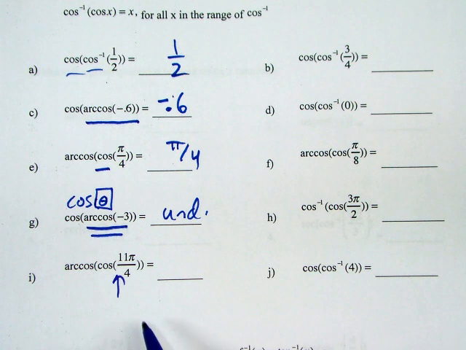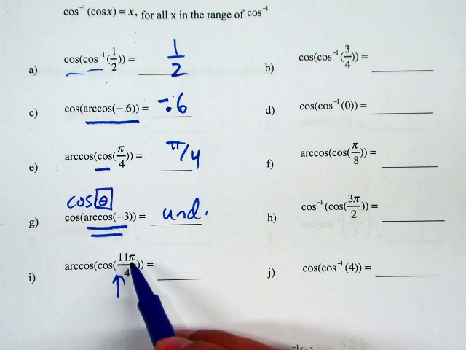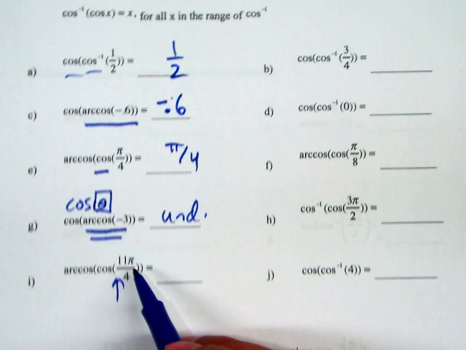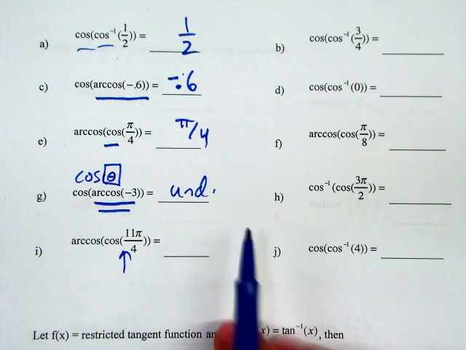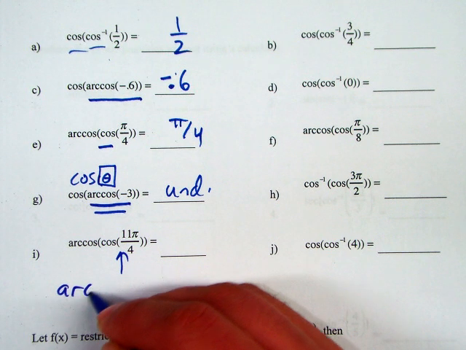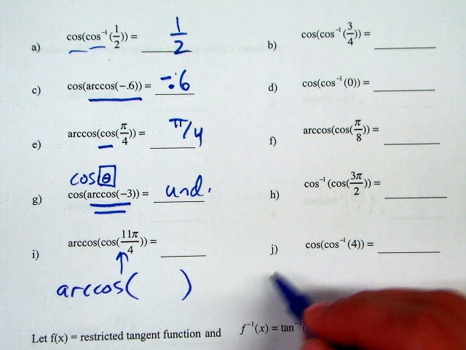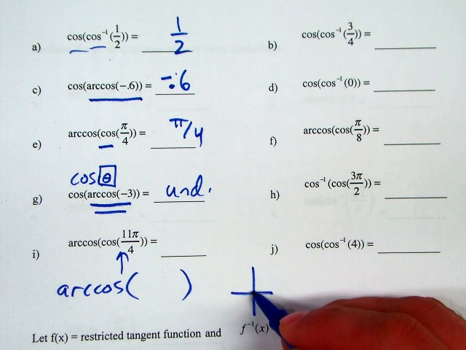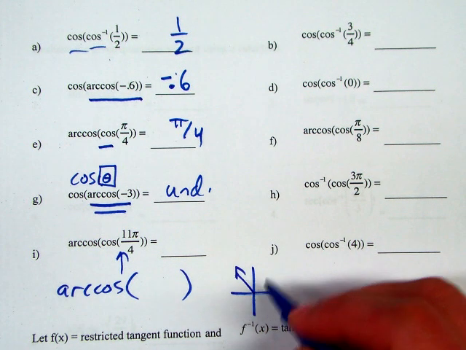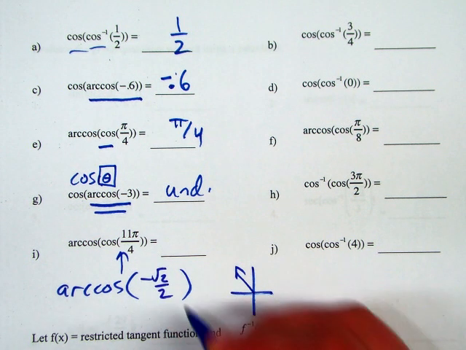This is restricted cosine, 11 pi over 4, though that's way too big. It's not between 0 and pi. So let's see if we can figure this out. The cosine of 11 pi over 4, let's see, 11 pi over 4 is going to be in quadrant 2. So then the x-coordinate in quadrant 2 is going to be -√2 over 2.